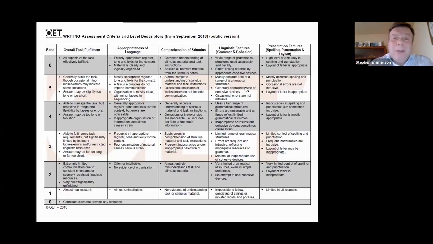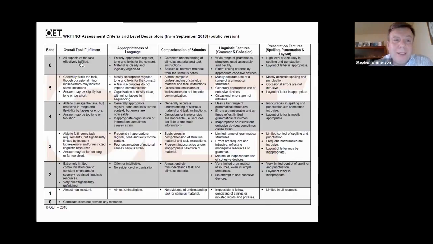So you have to remember the difference between a pass or a fail here could actually be the number of errors you make. That could be the difference between a B and a C. So when you finish your letters, make sure you always go through and edit to check for mistakes. And then 5 for presentation features, mostly accurate spelling, punctuation. Again, occasional errors are not intrusive, layout of letter is appropriate.